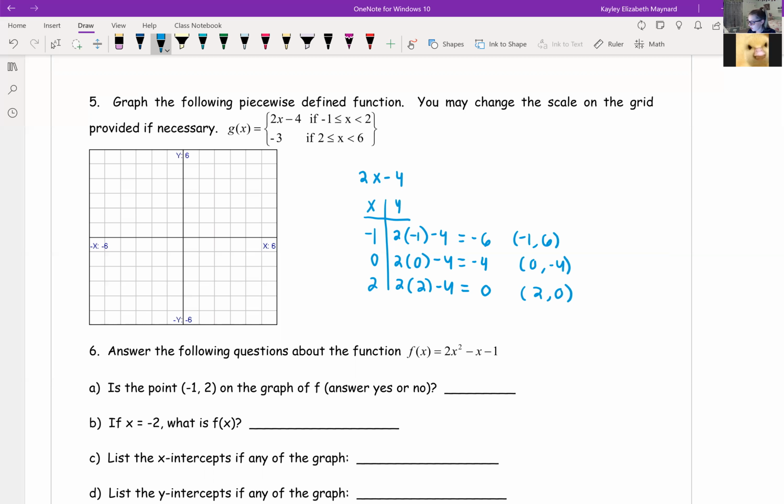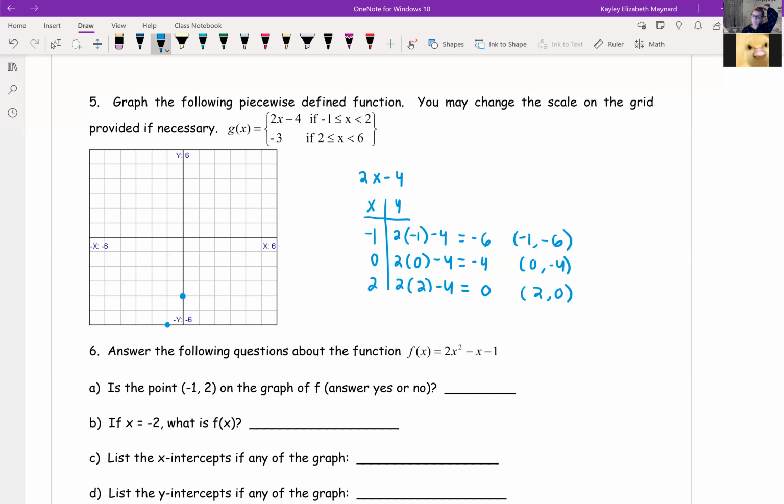So I will go ahead and plot those. I've got -1, -6. I knew that didn't sound right. Sorry, guys. Okay, -1, -6, just down here. And then my next one was 0, -4.